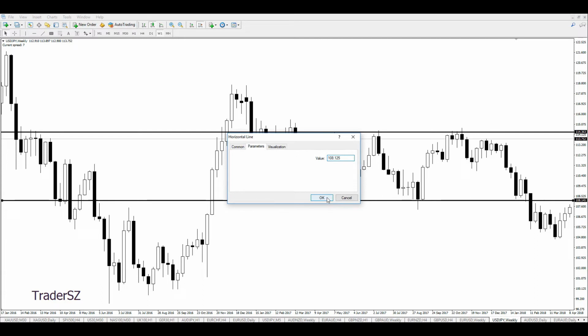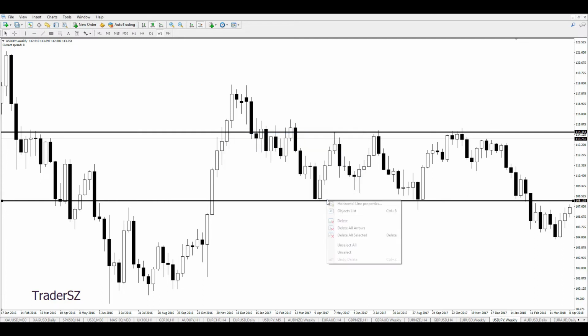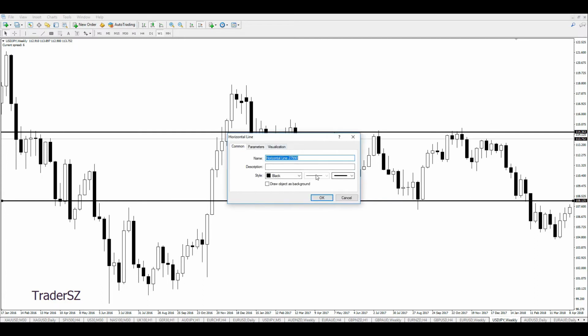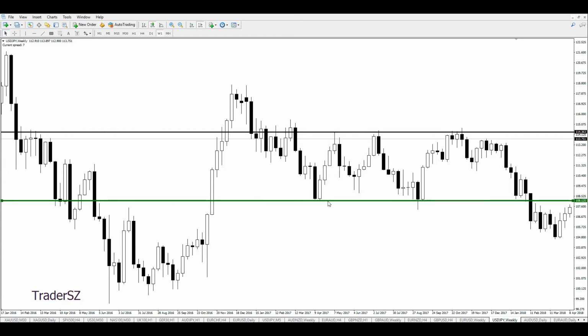And then I'm going to do these in different colors, so when I'm going through it, it stands out. Okay, got that there. We've got that there.